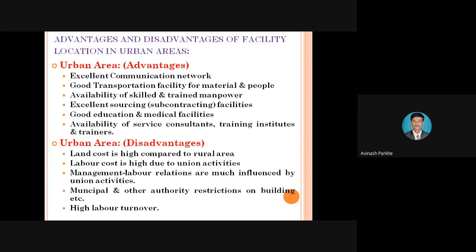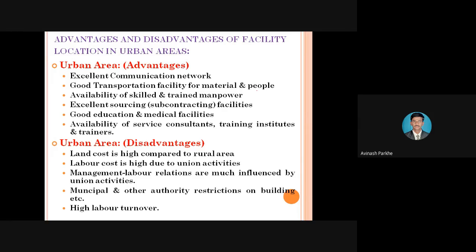Then, good transportation facility for the raw material and the people. Whenever I have to purchase raw material from the market, good transportation facilities are available, because in the urban areas the roads provided are very large. Many times the MIDC areas are also in the urban areas.